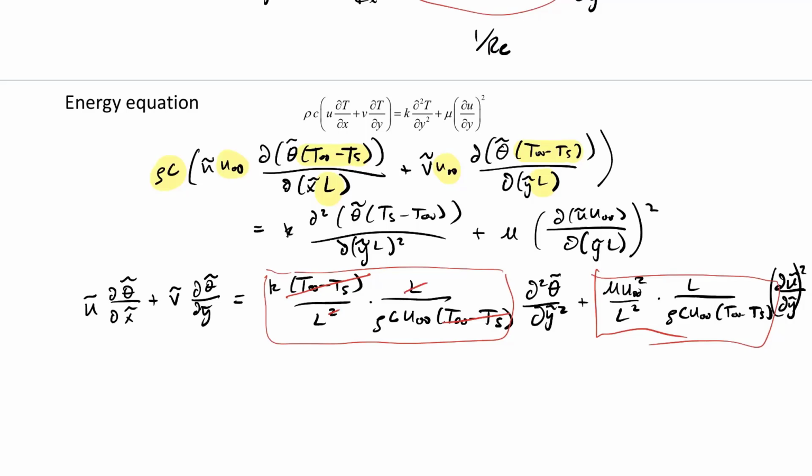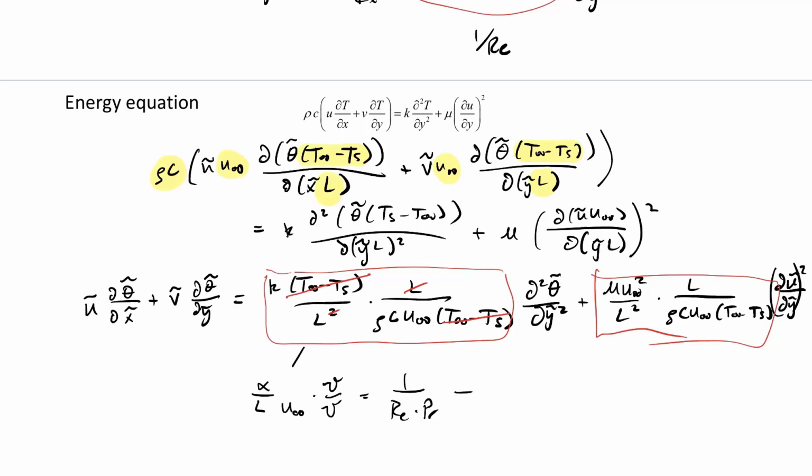L is going to cancel. So on the left, this one simplifies to alpha over L times U infinity in the denominator, and let's multiply this by nu over nu. And this ends up being 1 over Reynolds times Prandtl again.